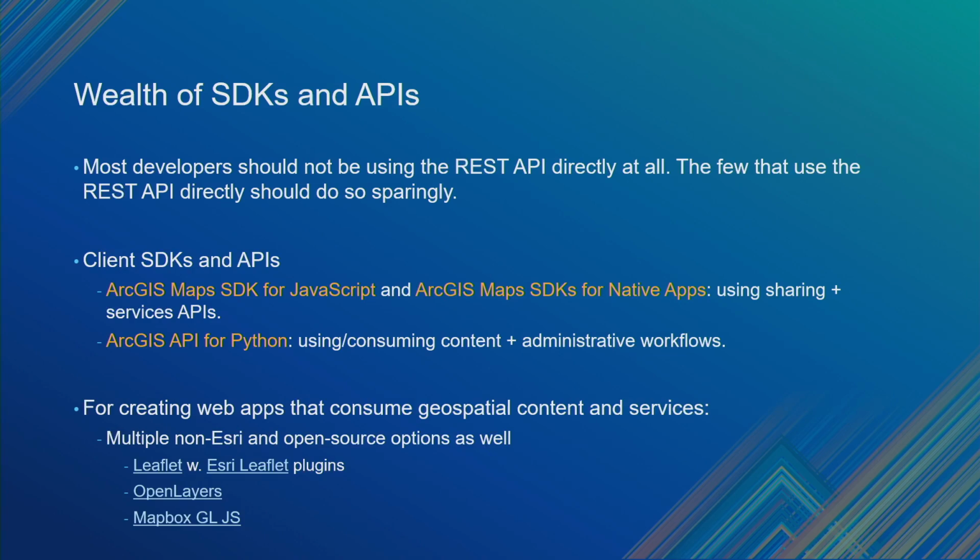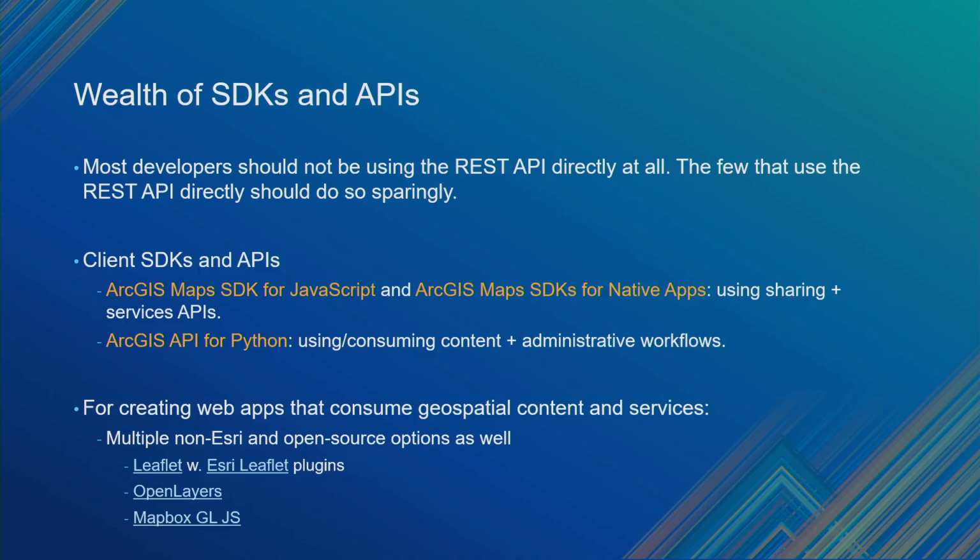In terms of the SDKs and APIs we have available to you, Justin, of course, spent some time talking us through those REST APIs that really provide the underpinnings for our entire system. They allow you to interact with those individual software components of ArcGIS Enterprise. But as a developer building a custom application, you're not necessarily going to be interacting with the REST APIs directly on a regular basis.